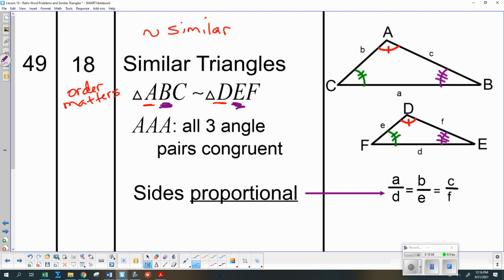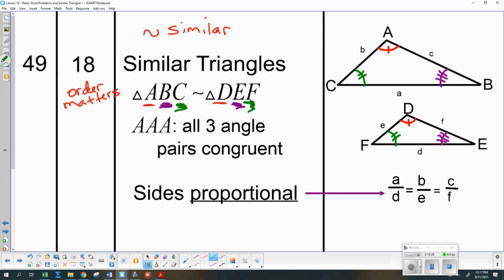That means angles B and E better be congruent and have the same measure. And sure enough, they're both marked with purple and with 3 tick marks, so they're congruent. And same thing has to be true for whatever letters are in the third spot, in this case C and F. They are marked with the green 2 tick marks. They are congruent also.